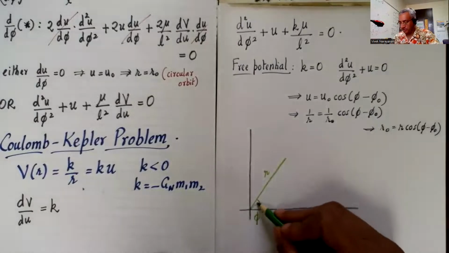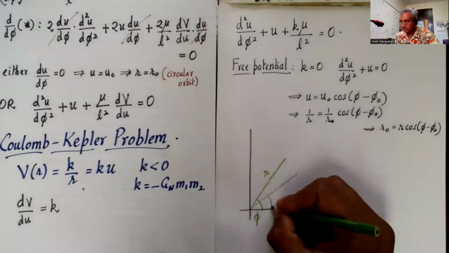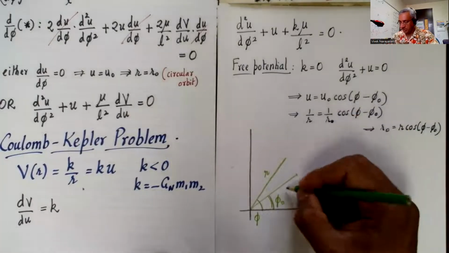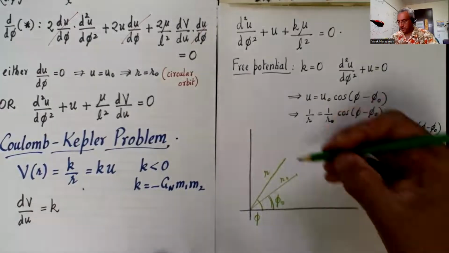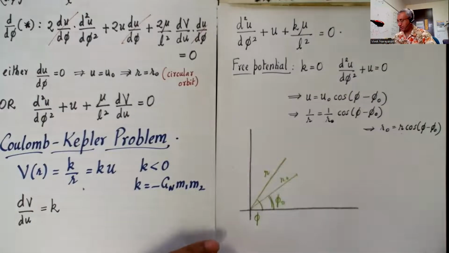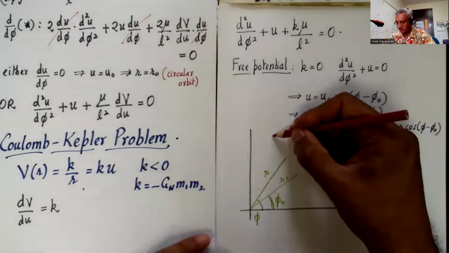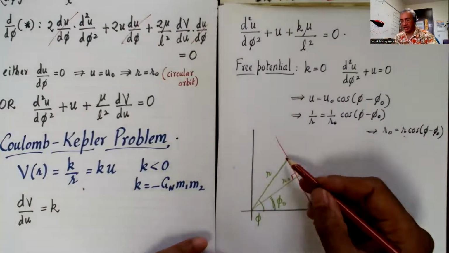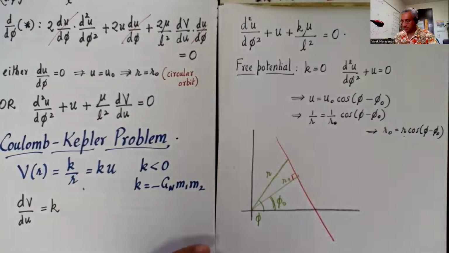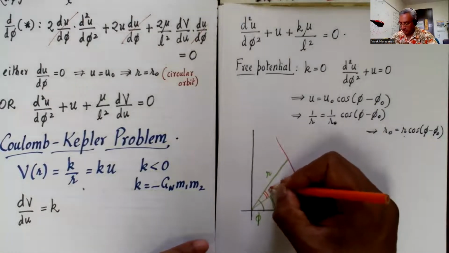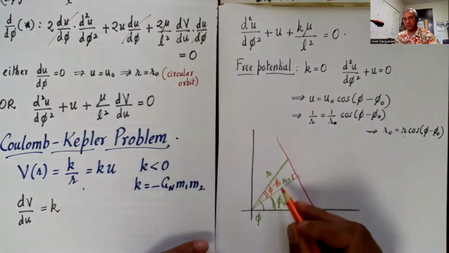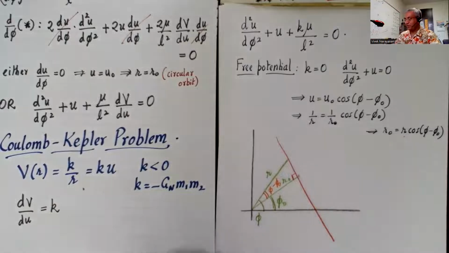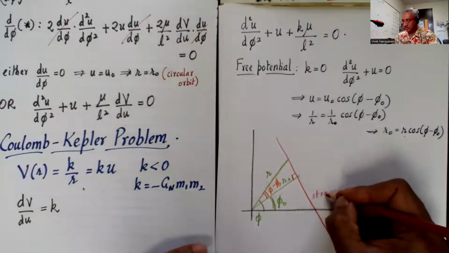Phi naught is some reference angle. And at that angle, the value of this is r naught. So the nature of the orbit is such that r cosine of phi minus phi naught, which is this angle, r cosine of phi minus phi naught is precisely r naught. So we have proved that the orbit is a straight line.